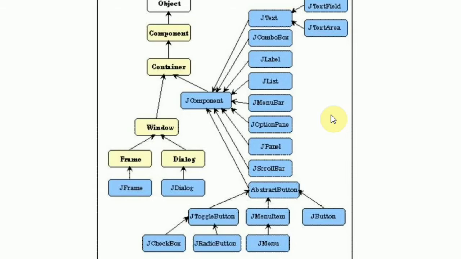A component is an independent visual control that you will be putting on your graphical user interface. Examples of components are JText, JTextField, JTextArea, JLabel, JComboBox, JButton, JCheckBox, JRadioButton. All these are examples of components.